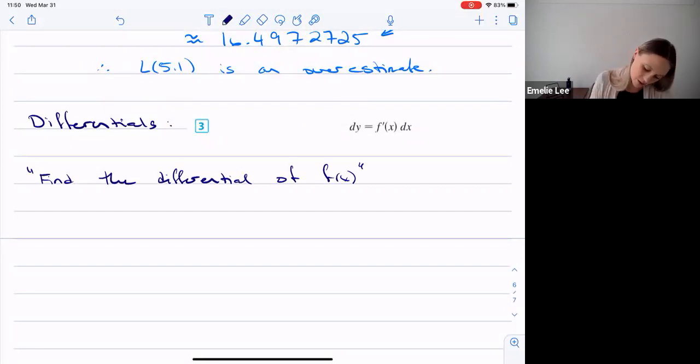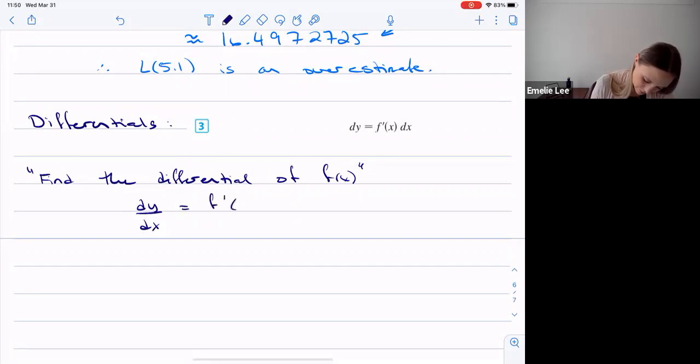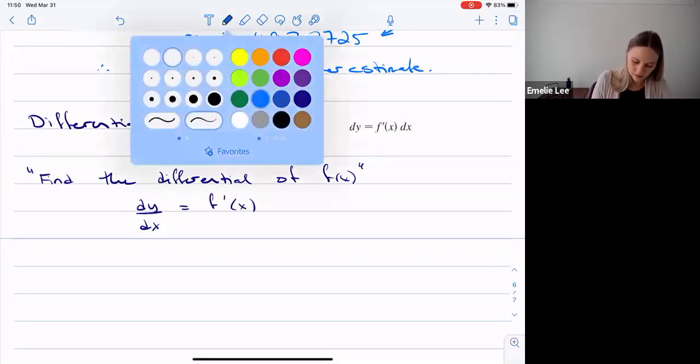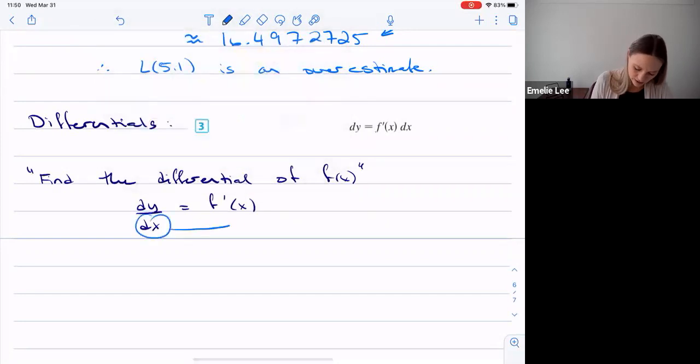So what you're going to do is say dy dx is f prime of x, but really the only change is that you're going to multiply that dx over.